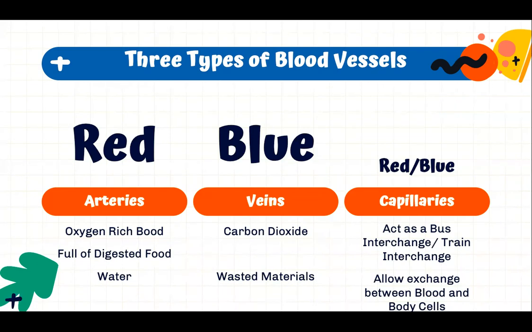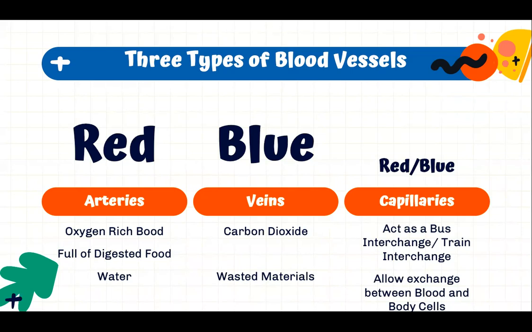All right. Of course, how the arteries and the veins interchange is through this third category called capillaries. So a capillary acts as a bus interchange or a train interchange. It's like in a bus interchange, you get on one bus and board another bus to another place. Same theory here. The oxygen will take a bus and travel through the arteries.